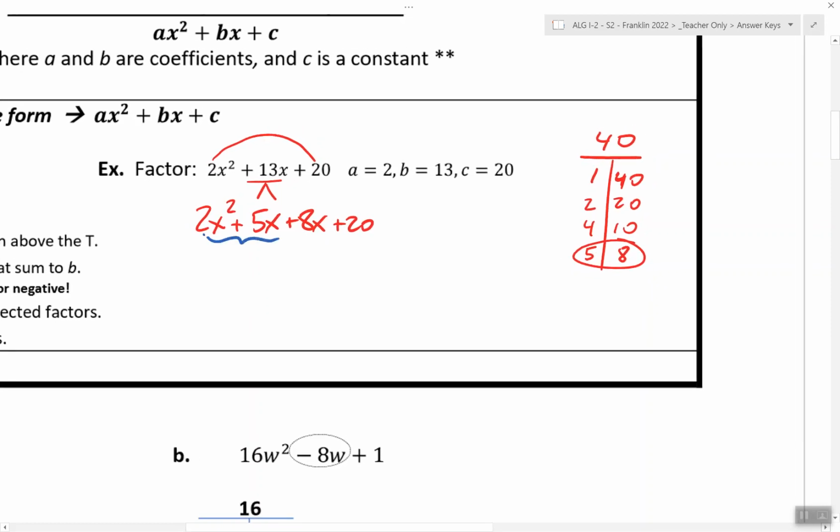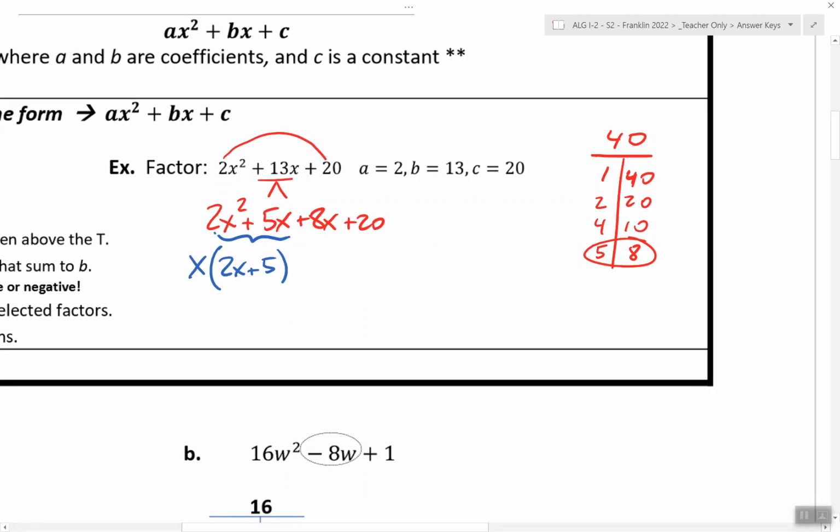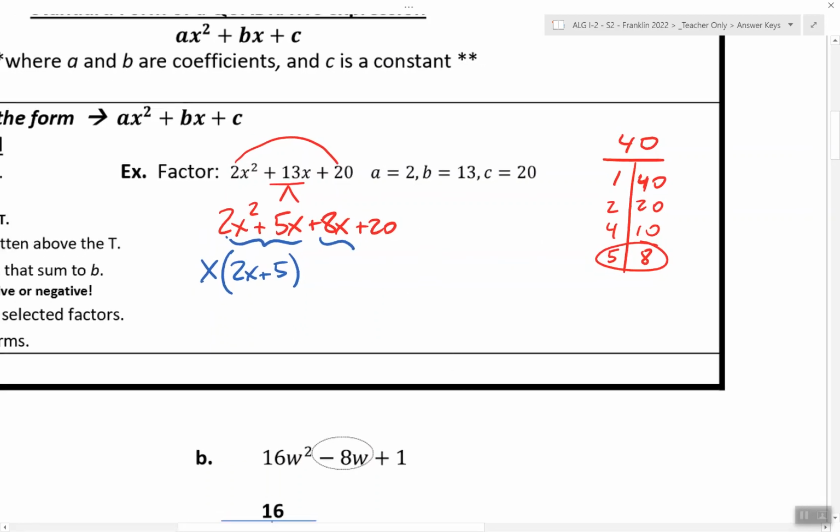So we're going to find the GCF for the first two terms, which is just an x, which leaves us with 2x plus 5. From the second pair, we can take out a 4, which leaves us again with 2x plus 5.